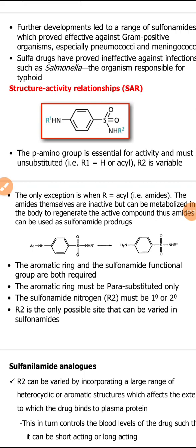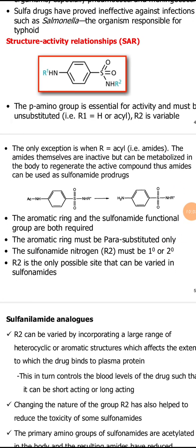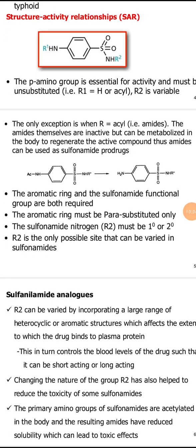Therefore, R2 is the place where many of the sulfonamides vary. It determines the activity, the potency, and also the binding efficacy with plasma protein. Therefore, it is very important, and R2 can incorporate a large range of groups.